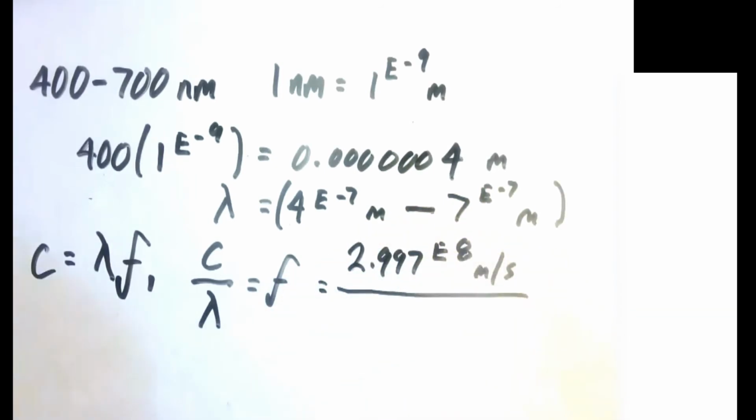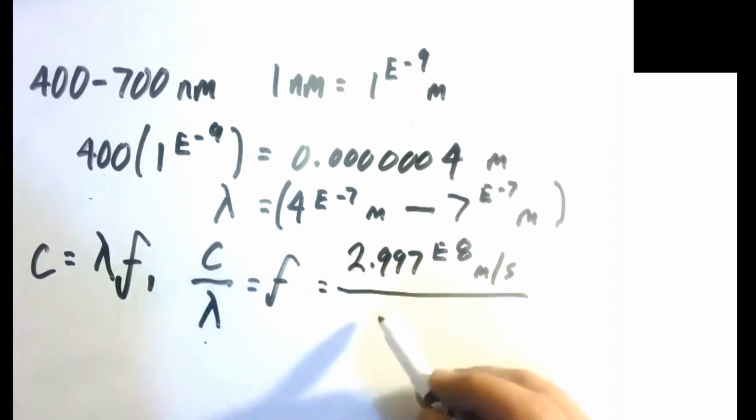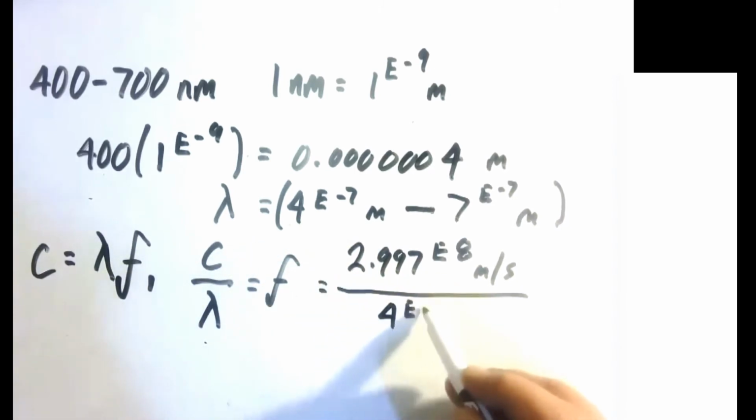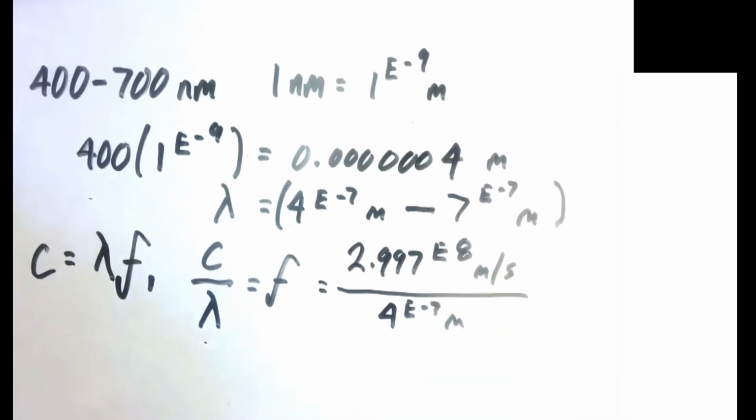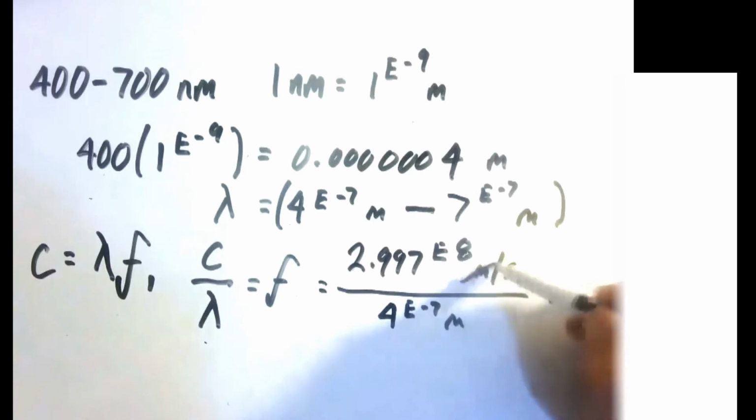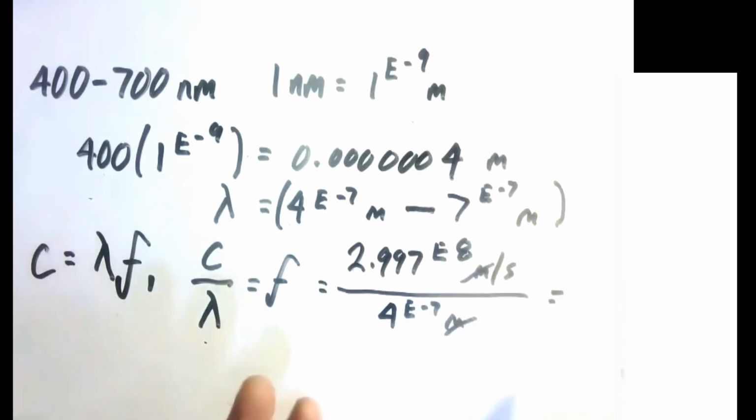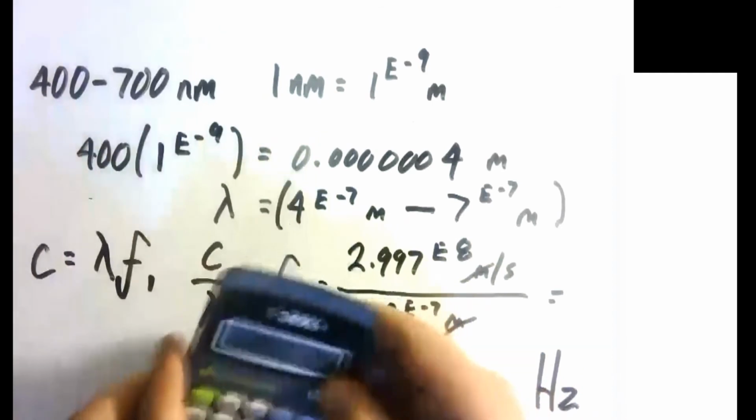And now we're going to divide it by the wavelength in meters, which is 4e negative 7 meters. Since meters per second is on top and meters are on the bottom, the meters cancel out. And whatever our answer is, it's going to be in cycles per second, or as we like to say, hertz. Let's do that calculation.